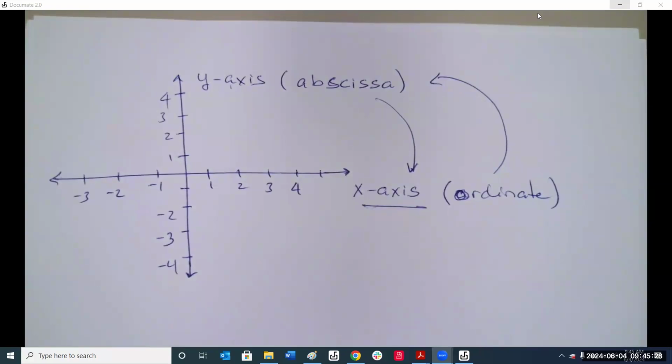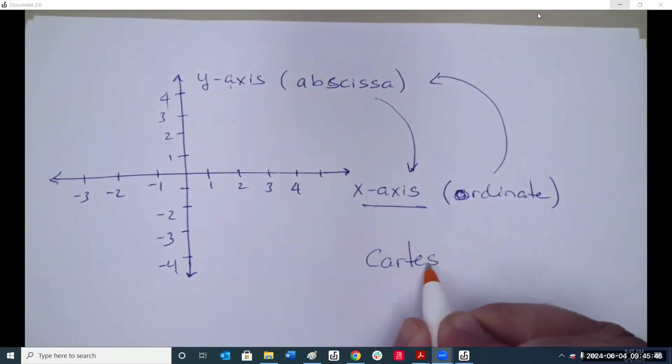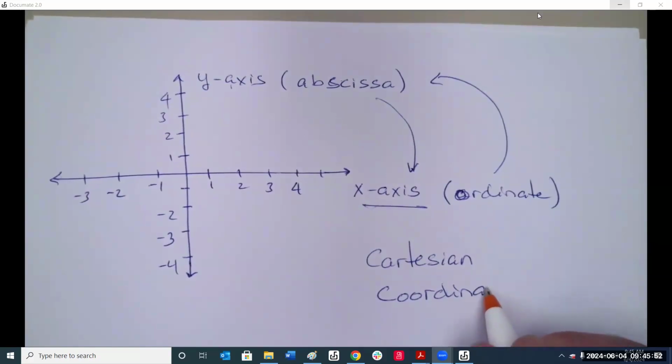What do we call this chart? It is a grid, but it's got a name. Yeah, you call it the grid or the XY chart, but it has a name before that. It's called the Cartesian coordinate system.